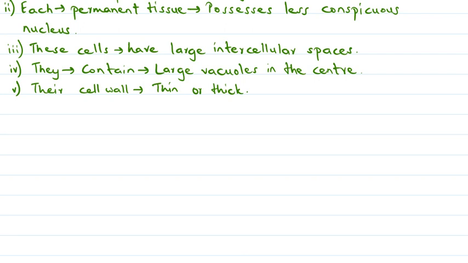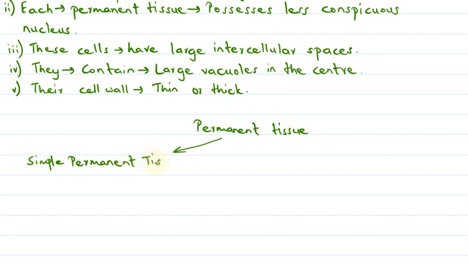There are different types of permanent tissues formed due to differences in their specialization, and these different types are: one is the simple permanent tissue, and the next is the complex permanent tissue.